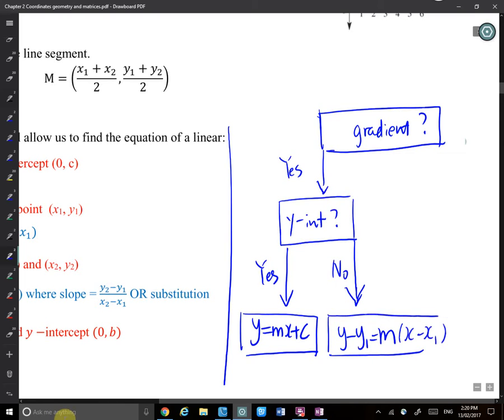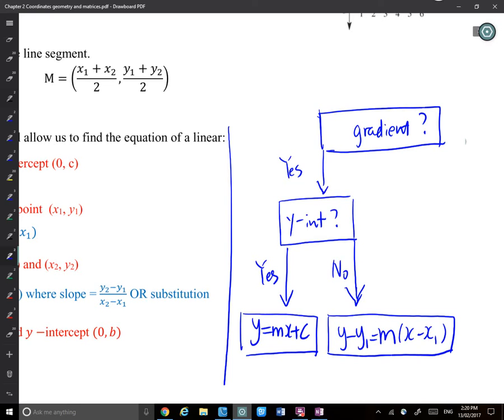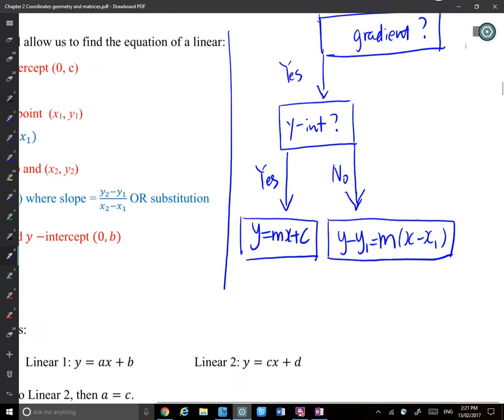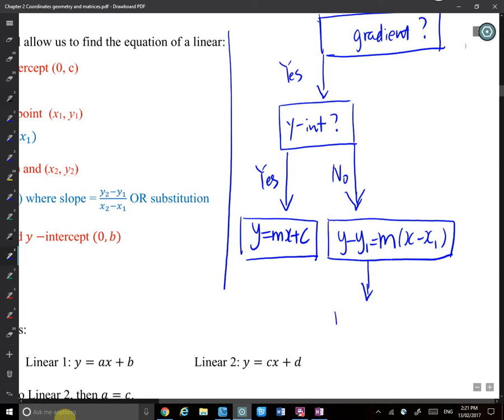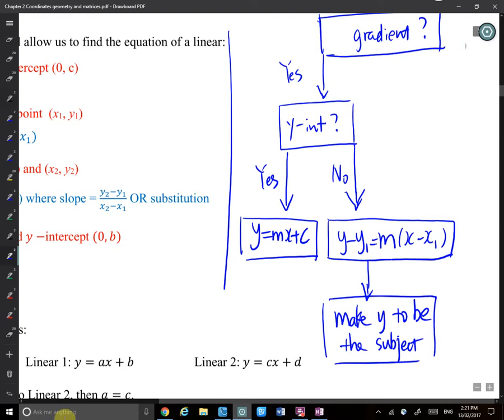If we know the gradient and intercept, which means we know m and c, put the values directly in. If we don't know the y-intercept, which means I don't have c, I can use another equation, putting x1 and y1 into the equation, and then make y the subject. Make y the subject, and we are finished.